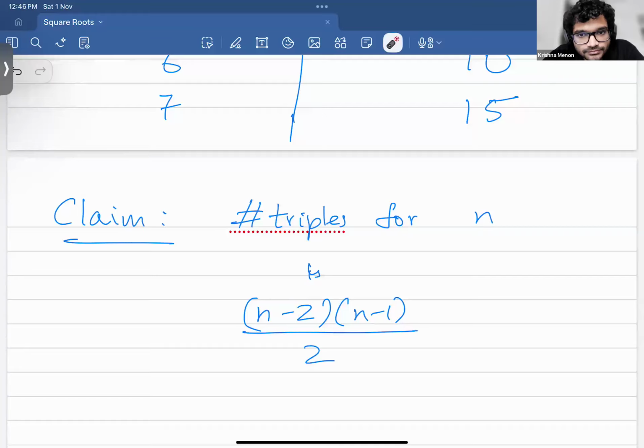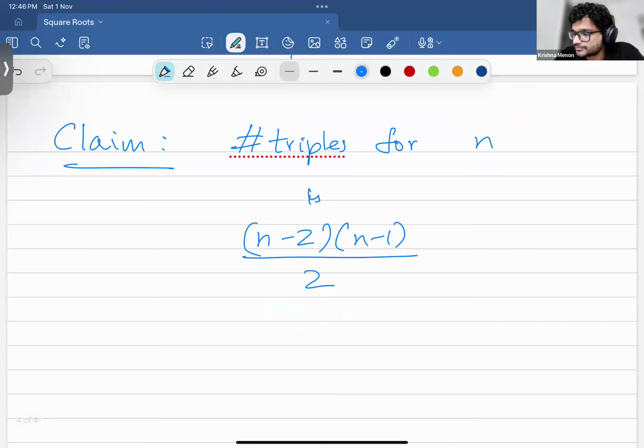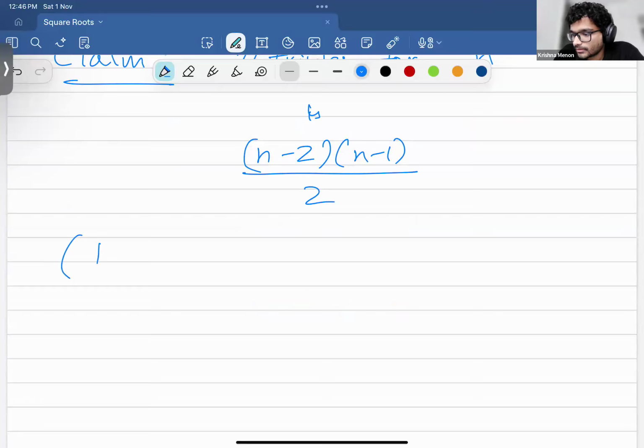Yes, sir. So the same as before, we can try to list all the triples. Let's first start with A equals 1. So 1, B, and C. And we know that for 1 plus B plus C to be N, B plus C needs to be N minus 1. Okay.